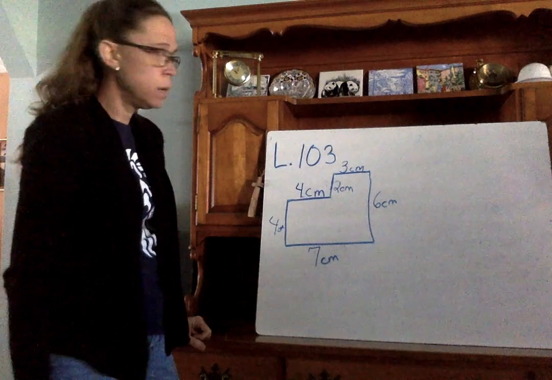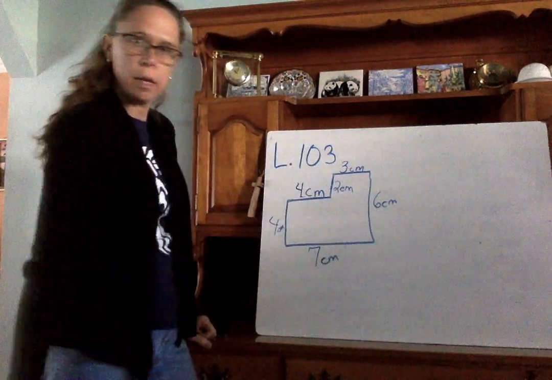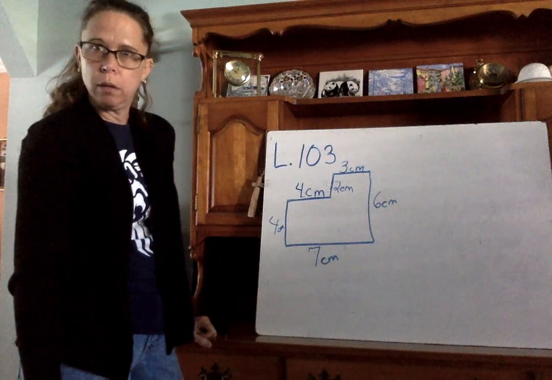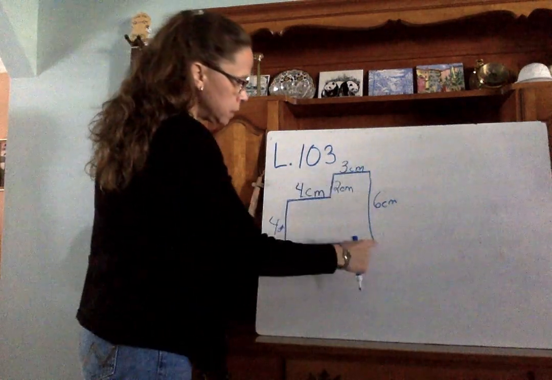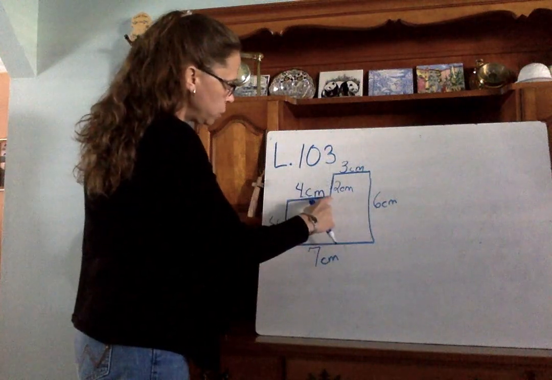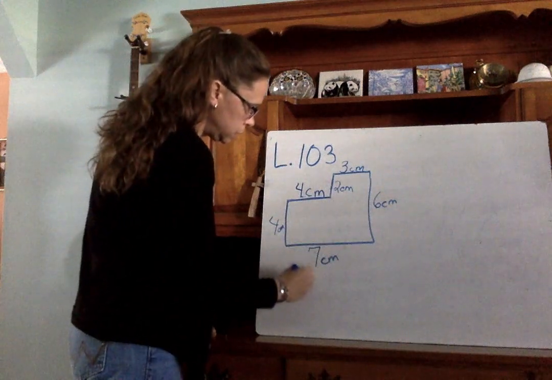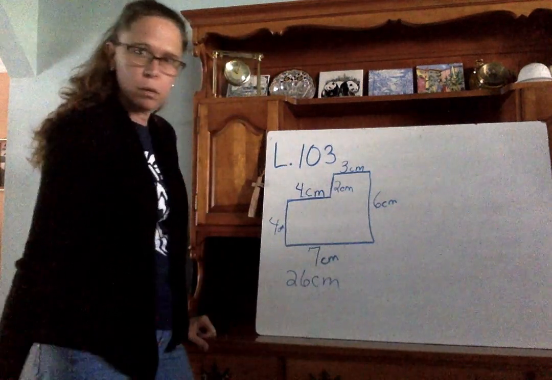Now I know the length of all 6 sides, and I can figure out the perimeter. 6 and 7 make 13, 4 more makes 17, 4 more makes 21, 2 more makes 23, 3 more makes 26 centimeters.